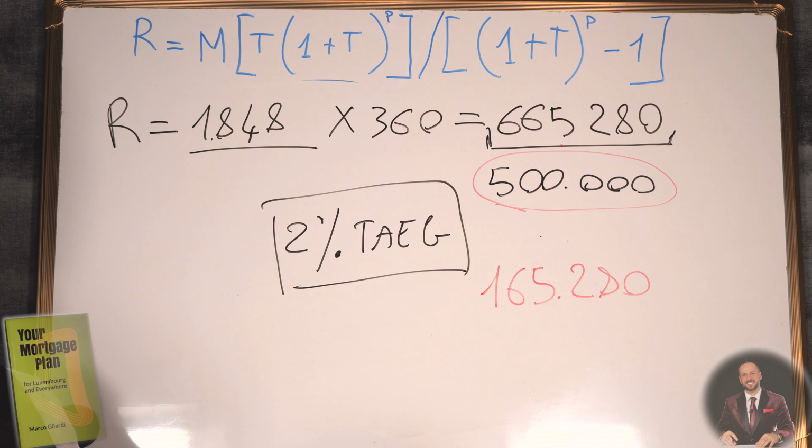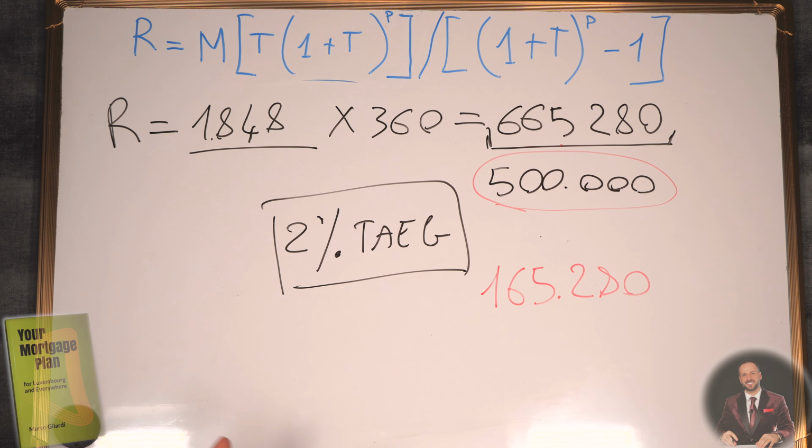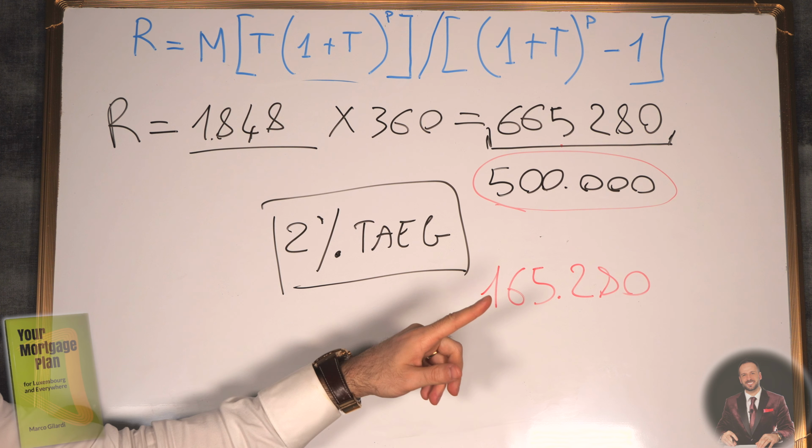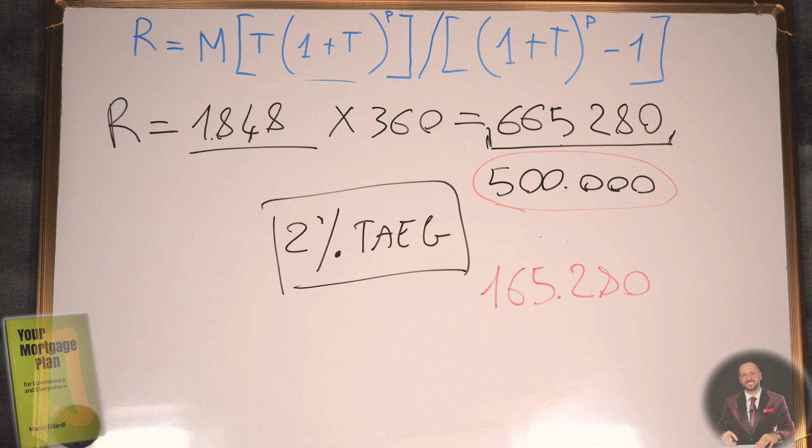It was quite long, but it is necessary if we want to exactly understand the monthly payment, how to calculate it manually, and the total interest that the bank is going to earn with our mortgage.